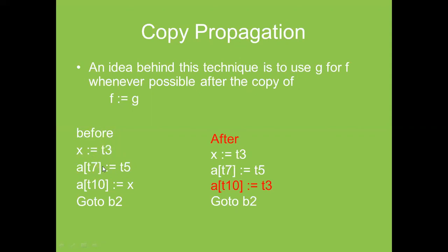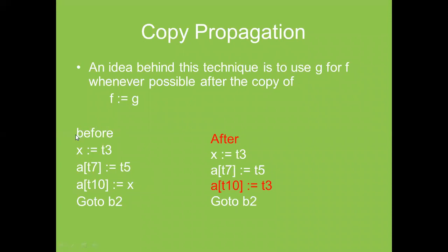Then t7 = t5. We are not aware of any previous values. Then t10 = x, and go to B2, meaning basic block 2.